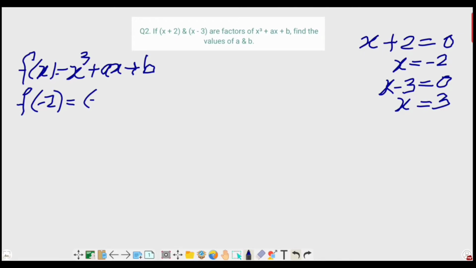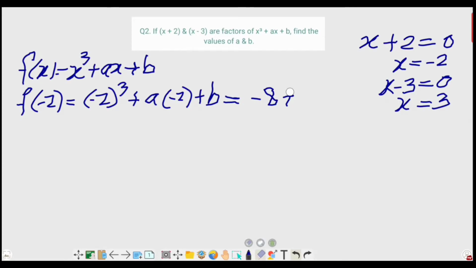You have to substitute the value of x everywhere as minus 2. So when you solve this, you will get minus 8 minus 2a plus b.